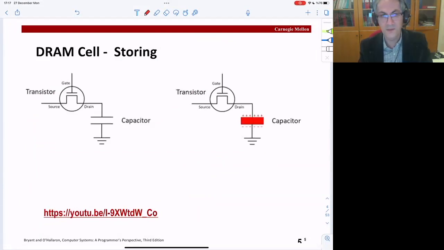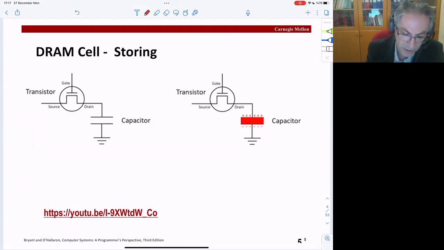I will briefly tell you about the DRAM cell and why it is so important. The DRAM cell is essentially very simple. We have a MOS transistor, which you can see here, and a capacitor, which is grounded. Then we have this gate. With this capacitor, you can save charges.